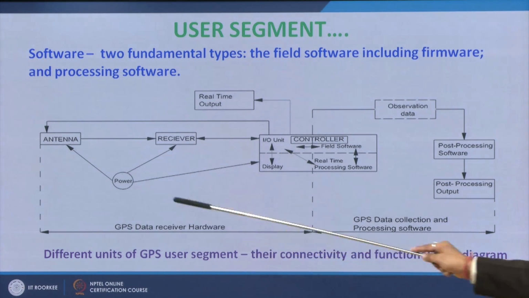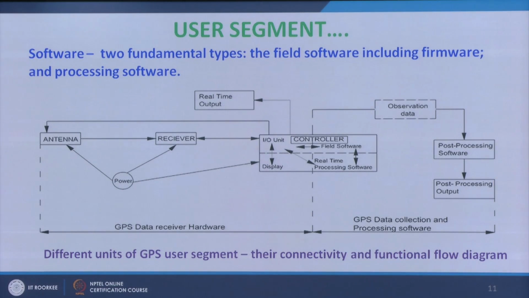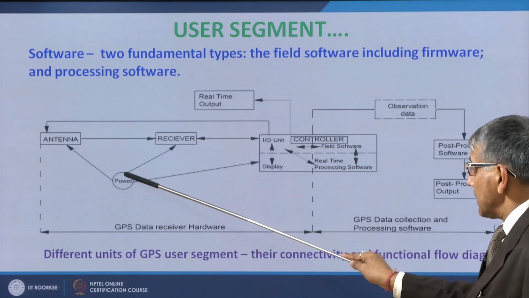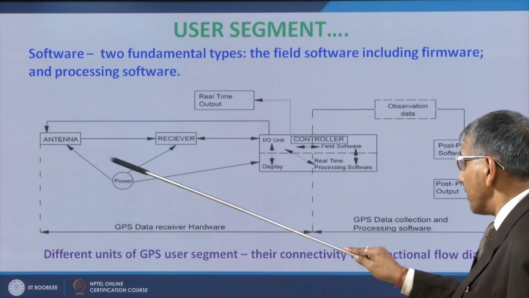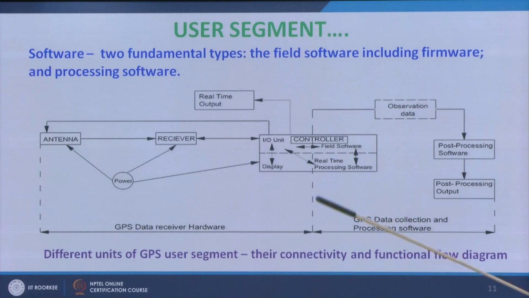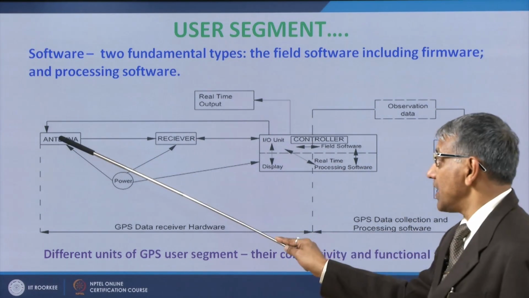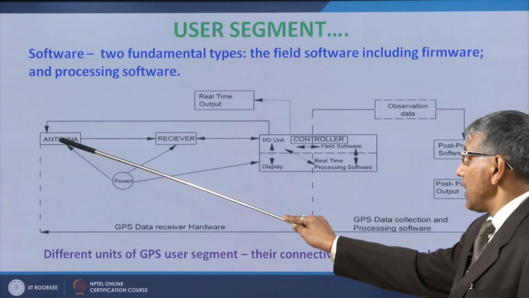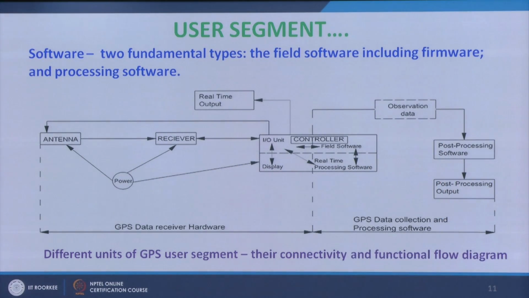Now after all the parts get connected, if we switch the power on, the controller will provide some instruction to the antenna, and as per the instruction of the controller, the antenna will receive signals from satellites.